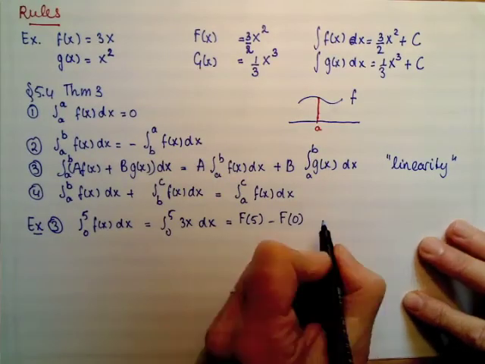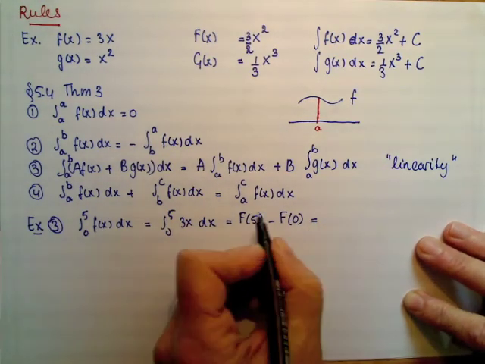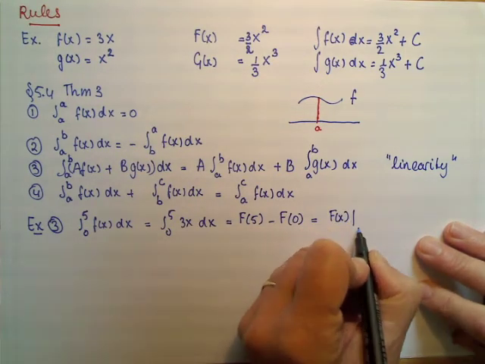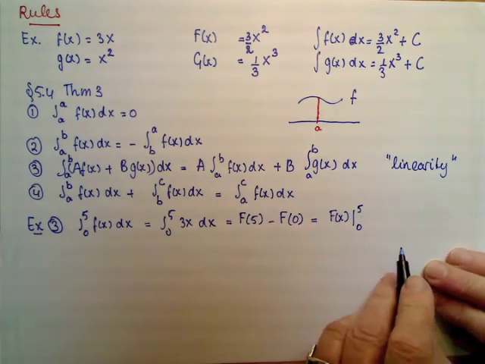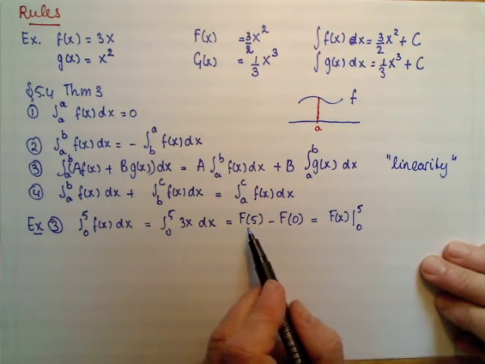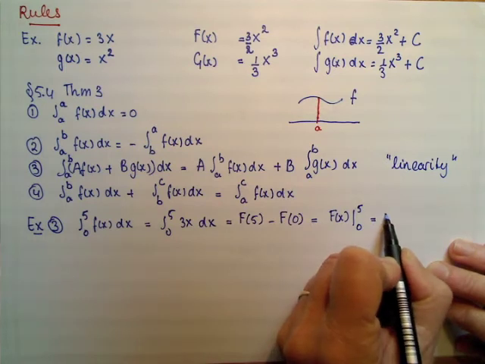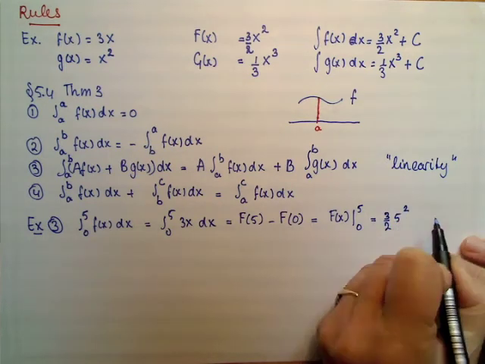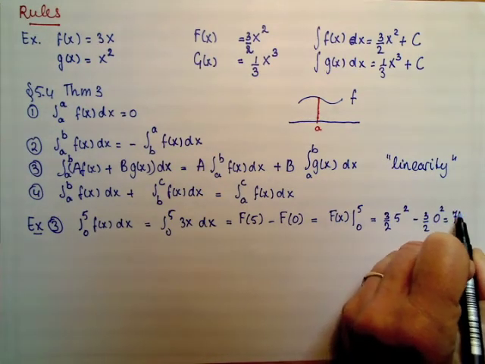Very often in the calculation of integrals, we would write this as the primitive evaluated between the points 0 and 5. So this is a very common notation. Now, since we already calculated our primitive, we compute the value at 5, so we get 3 over 2 times 5 squared, and we subtract the value at 0, and so what we get is 75 over 2.